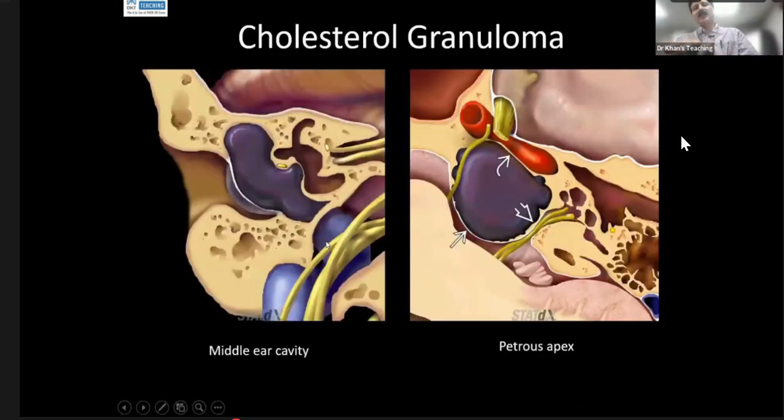So this is a cholesterol granuloma. What is a cholesterol granuloma? Basically, the pathophysiology is that cholesterol granulomas can be in the middle ear cavity, mastoid, or in the petrous apex when it is aerated. The concept is that there is a vacuum phenomenon, there is inadequate aeration, and gradually there is a chronic inflammation.